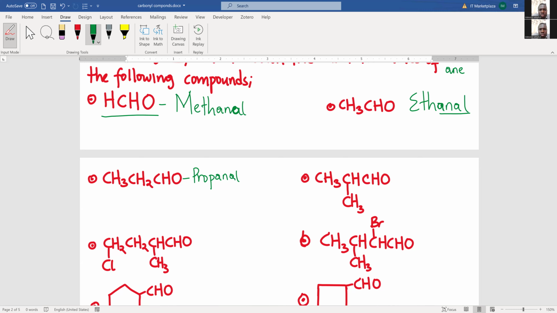So here, this is 1, this is 2, this is 3. I also assign them from the right-hand side to the left-hand side, so this is 1, this is 2, this is 3.